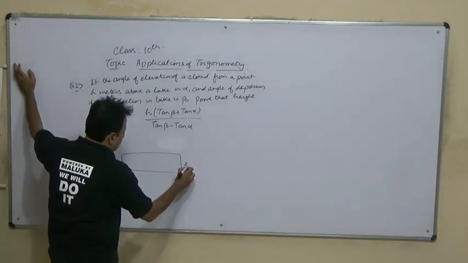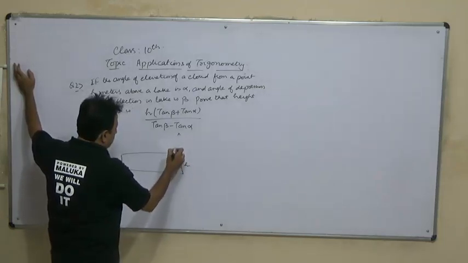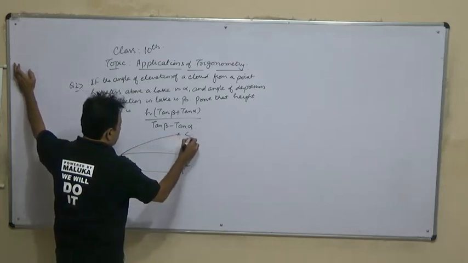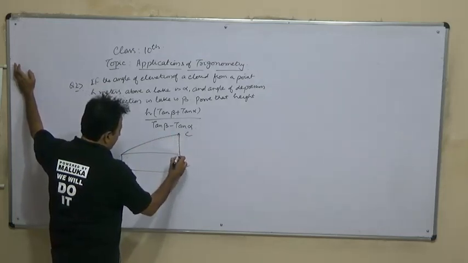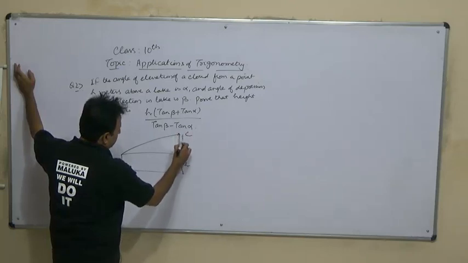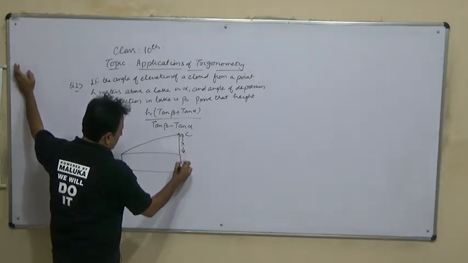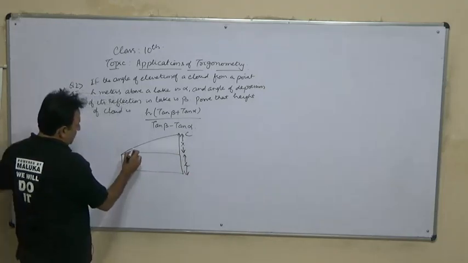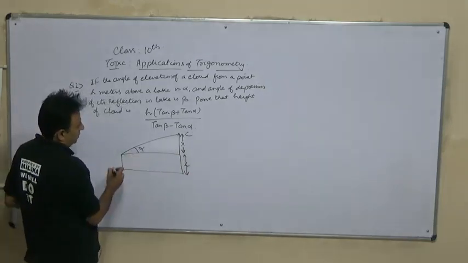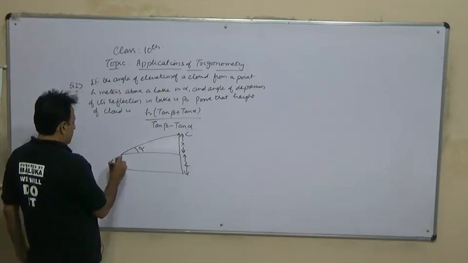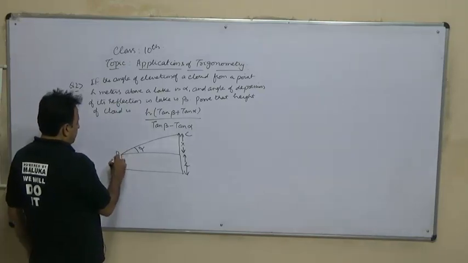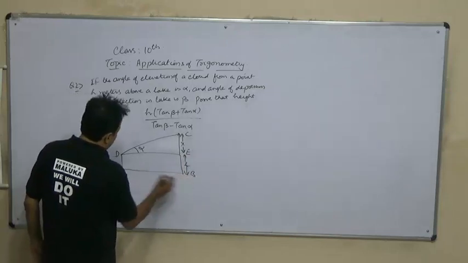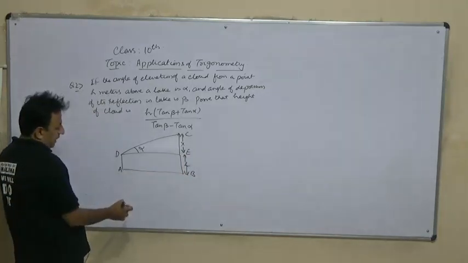So, this is h and this is cloud, and let this be C, let this be x, this is h, and this angle is alpha. Let this be C, D, E, A, B. AB is the surface of the lake.